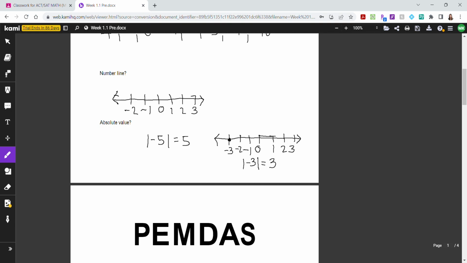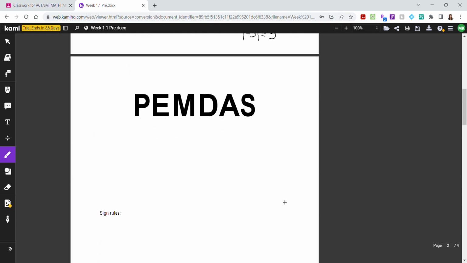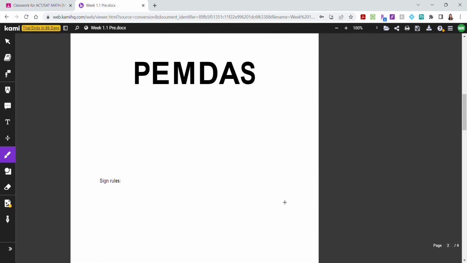Now, a very big thing with your operations is PEMDAS. This is very important.